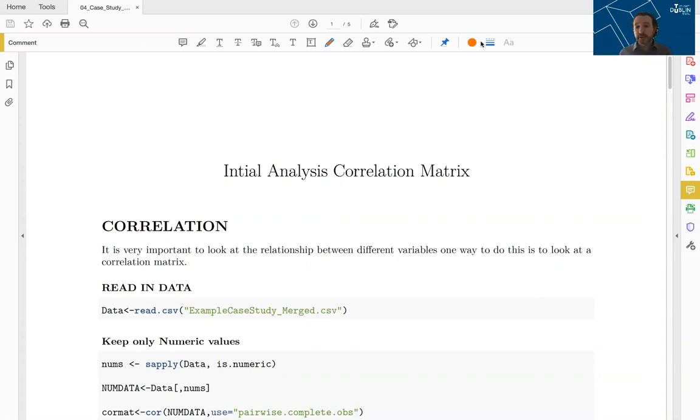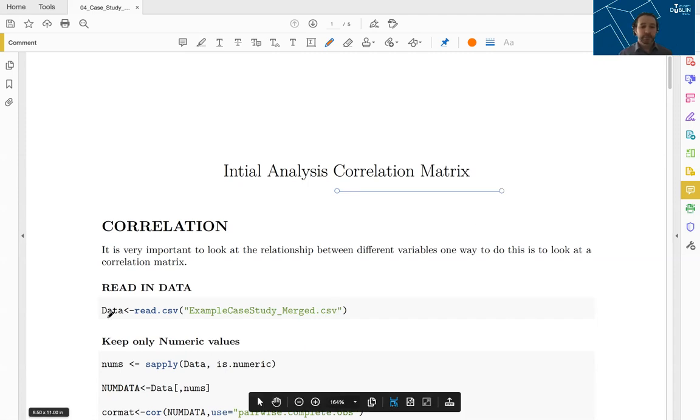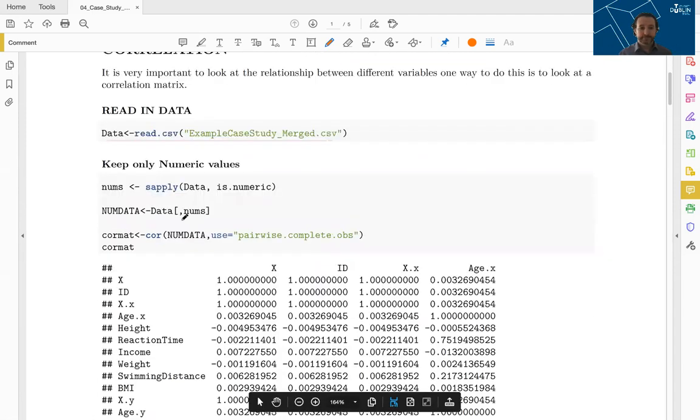So one way of doing this initially, in a kind of broad processing way, is doing a correlation matrix. A correlation is just when you do a simple regression between two variables. Okay, so read in our data. Then we have to do this little thing: we can only do a correlation with numerical data.